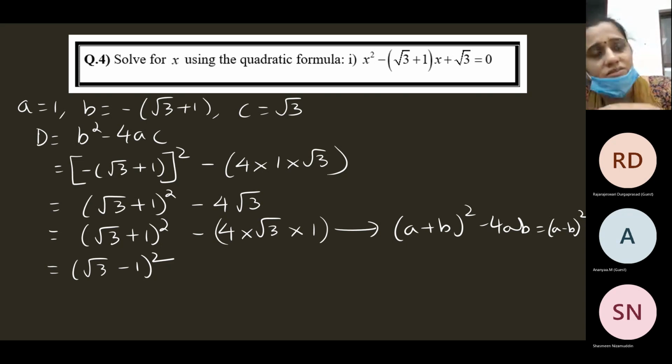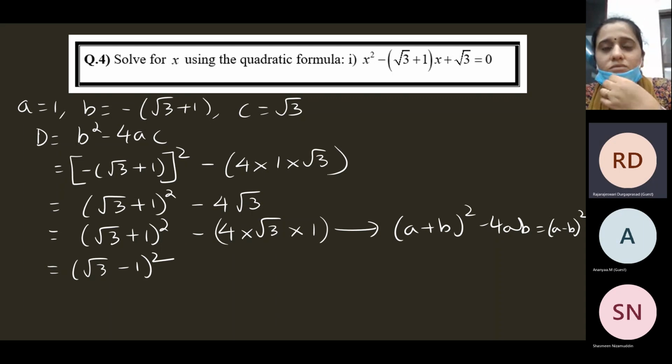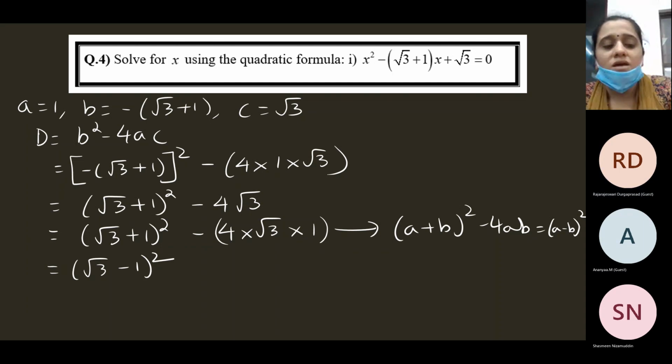What I told you earlier is if you simplify, then you can continue the way I explained earlier. You don't have to do that. It's already of the form a plus b the whole square minus 4ab, which is a minus b the whole square.